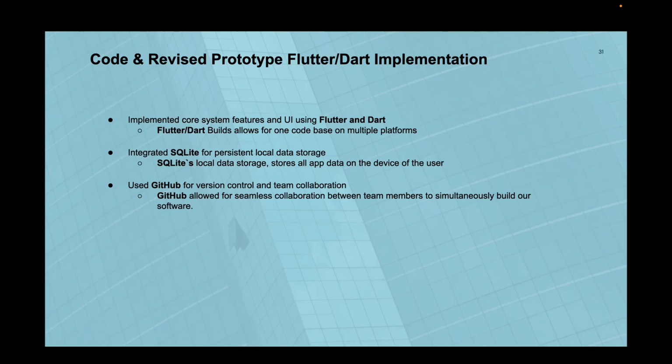With that, it stores all the user's data on the device. We also used GitHub for our version control and team collaboration. GitHub allowed us to collaborate with each other seamlessly and push up different versions and work off multiple different versions of the same app. So that was really good.